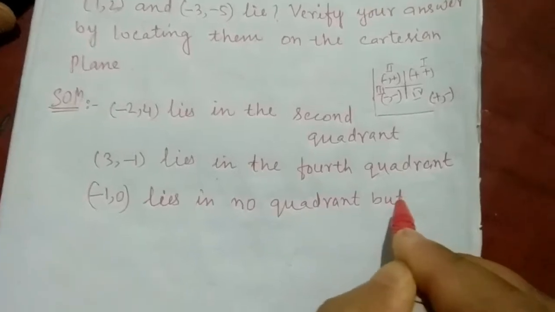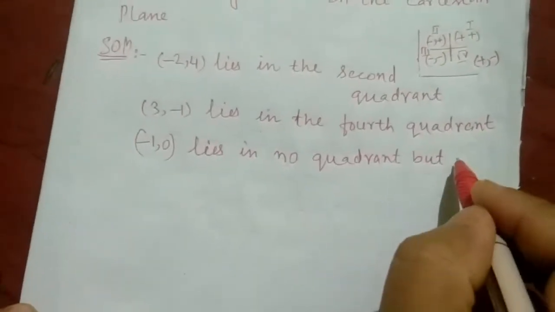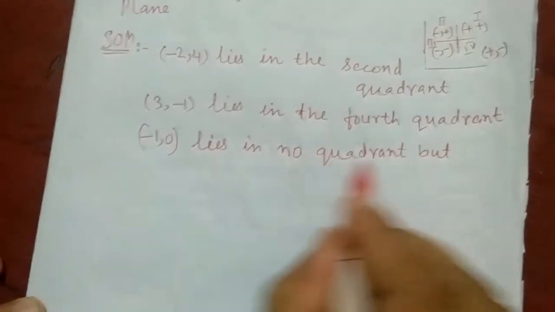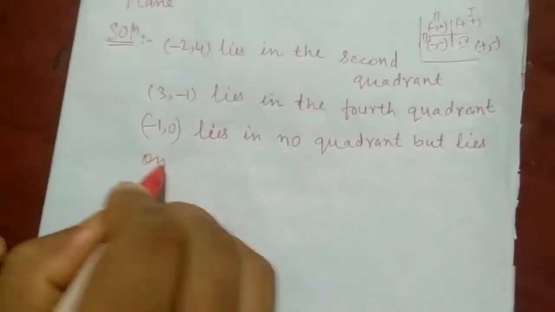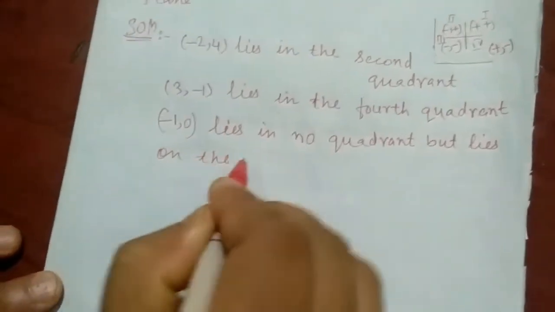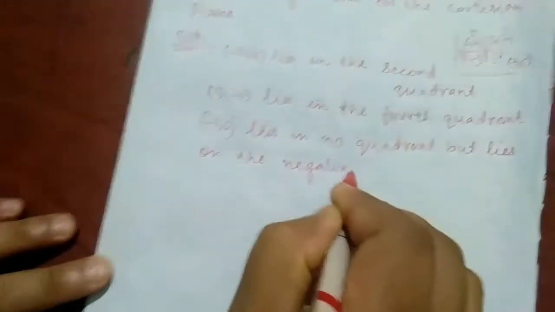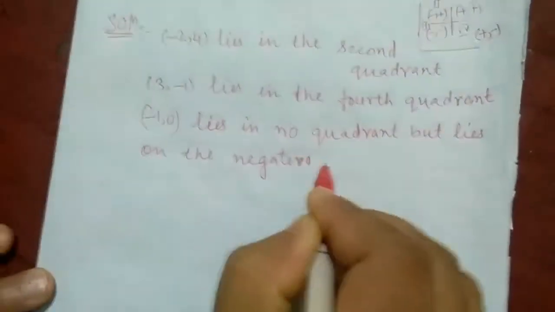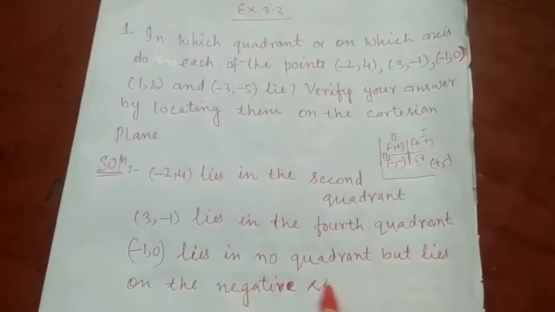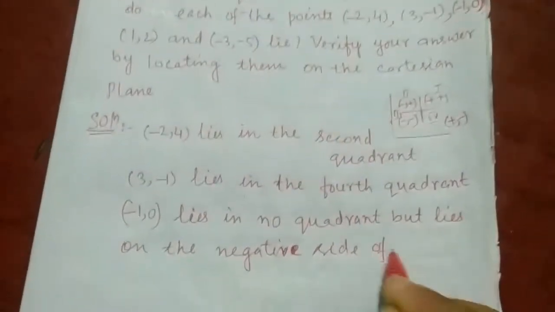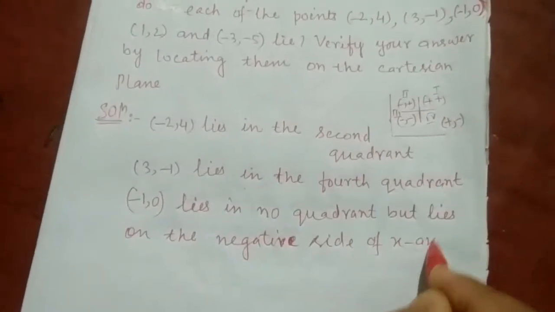But here the value of x is negative 1, so it lies on the negative side of the x-axis, since this is the value of x.